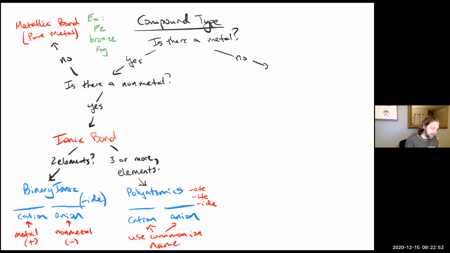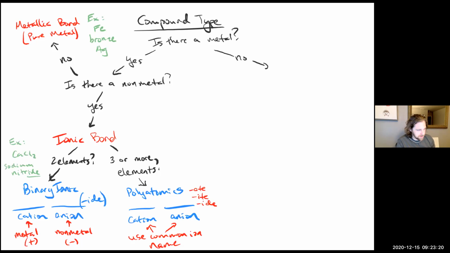And then for binary ionics, we had calcium chloride. A lot of the ones from assignment 1 and 2 are binary ionics. Calcium chloride, sodium nitride is the name of a binary ionic where I've changed the nitrogen to nitride.